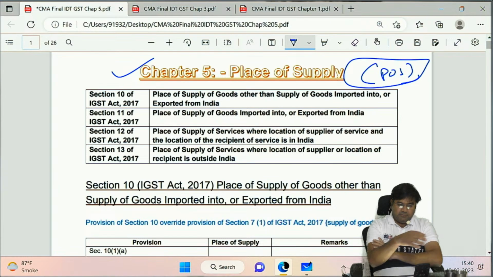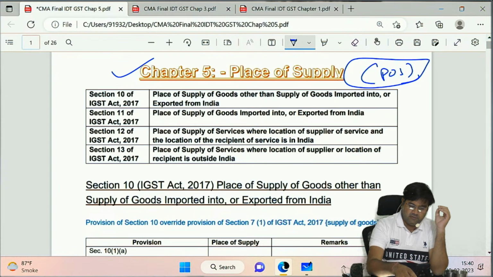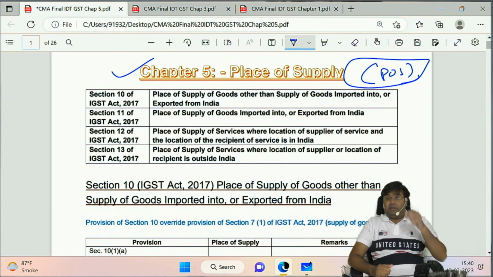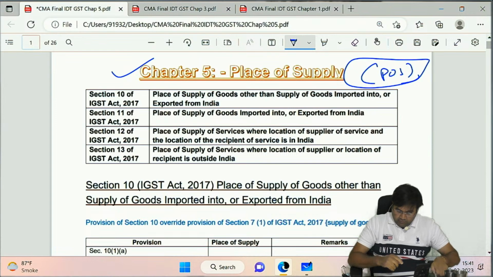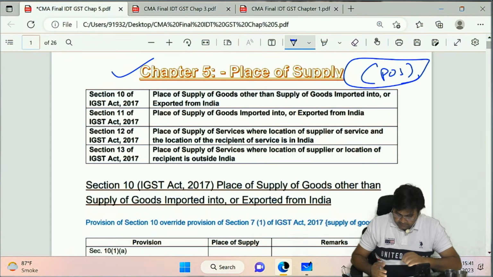Services are intangible in nature, you cannot touch and feel. So there was a requirement for separate provisions for supply of goods and supply of services. In place of supply, you will see separate provisions. I also said that all the place of supply provisions are in the IGST Act.